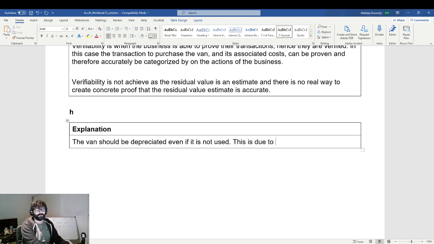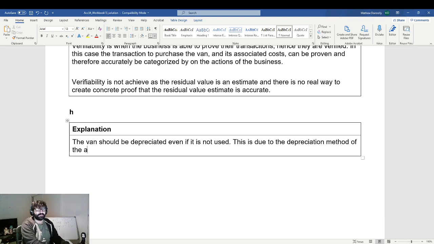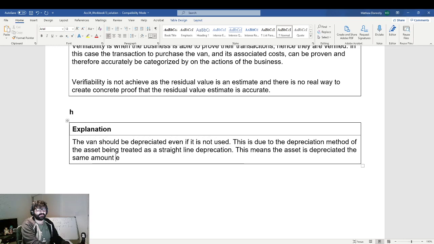This is due to the depreciation method of the asset being treated as straight line depreciation. This means the asset is depreciated the same amount each month regardless of use. So that's where that all fits in.